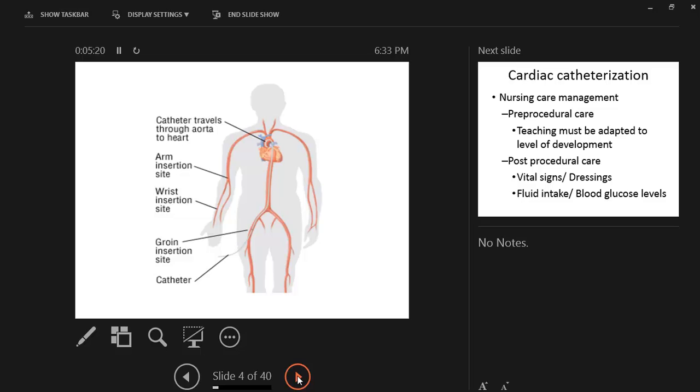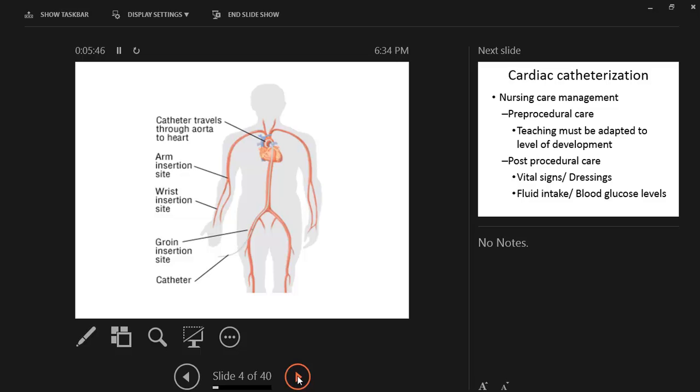If it's a pretty big child, then they may even go in a brachial area. And with the cardiac catheterization, they're looking at peripheral blood vessels. They go through a peripheral blood vessel and advance to the heart, and they can measure the pressure inside the heart in addition to oxygen levels in the heart chambers, and look at the heart structures and blood flow patterns.